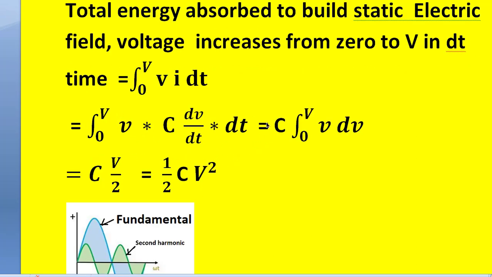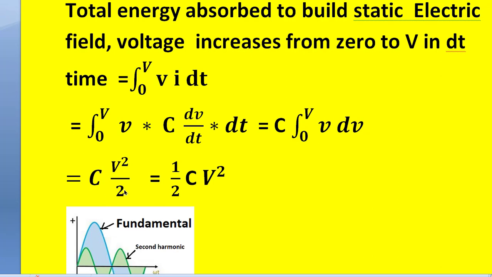So this dt is going to get cancelled, then we get C into integral 0 to V into dV. So integral of V is nothing but V square by 2. So rearranging the terms, we get half into C into V square.